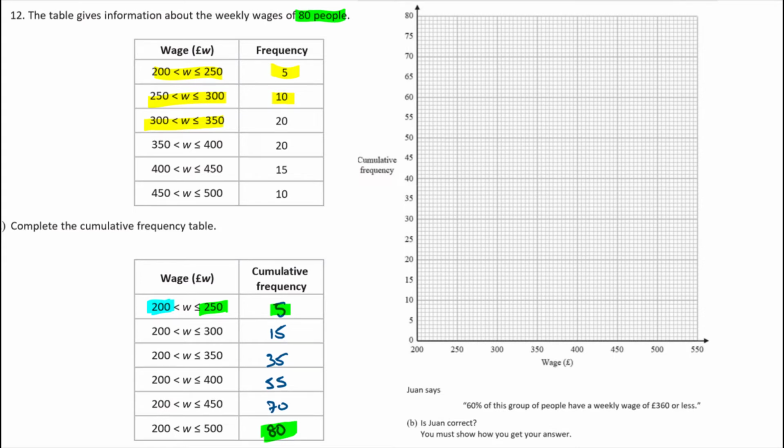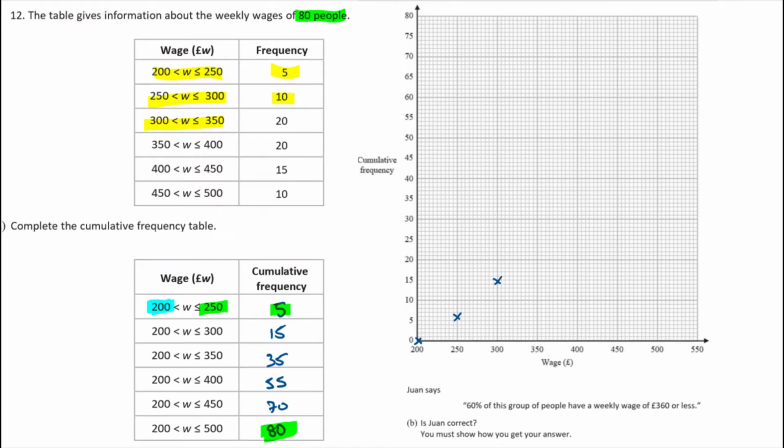So I'm going to put a cross at 0 at 200, because I've got nothing below 200. So then my next point is going to be at 250 at a height of 5. Okay, then after that I've got a height of 15 at 300. So there.